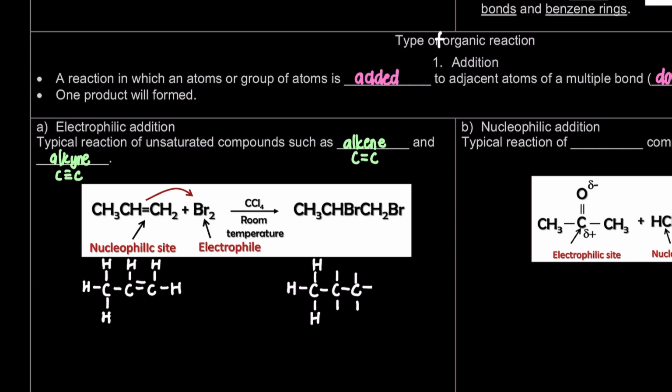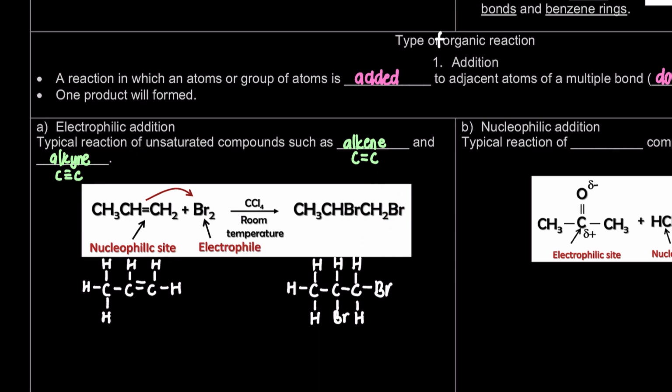The second carbon has 1 hydrogen and 1 bromine. You can put the bromine here and the hydrogen there, or vice versa. The position is fine, whether up or down, but make sure it is on carbon number 2. And carbon number 3 is attached to 2 hydrogens and 1 bromine.